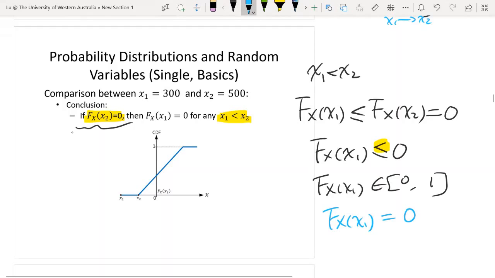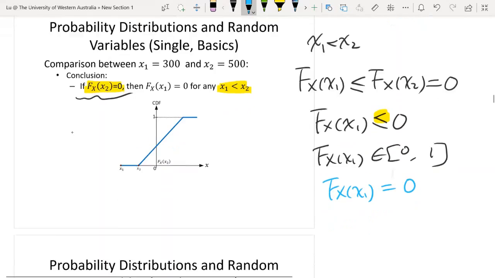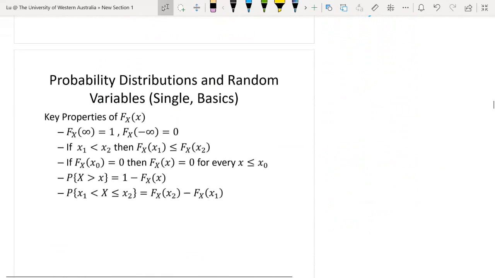Okay, this is how we derive this property, so easy one. And in this page here, we are summarizing all the properties regarding the cumulative distribution function together. I don't think I have to go through it again, so please just make sure you understand these properties and know how to use them.